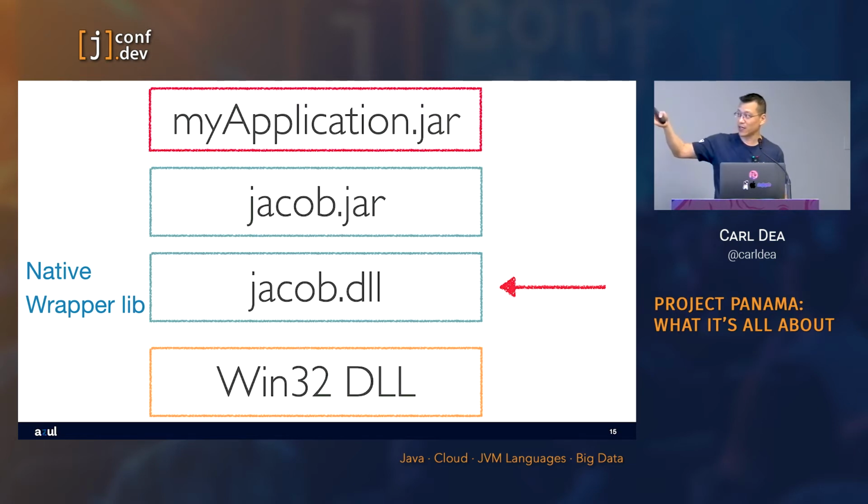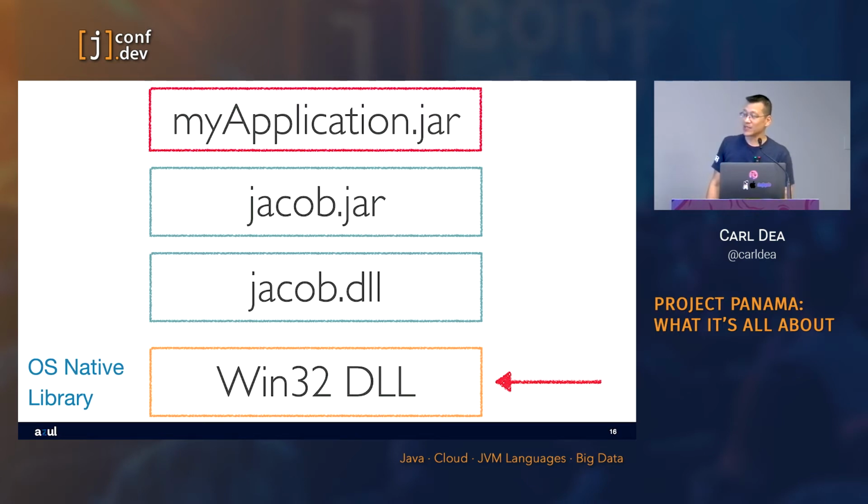It's literally talking to this thing loaded in memory, and it's looking at this binary, and it's actually trying to access the native code. So the Java H actually generates the mappings so that it's transparent to the library. It thinks it's being called from another C function, but it's really Java. So then ultimately that wrapper library, the Jconf.dll, is literally talking to the native library on the platform.